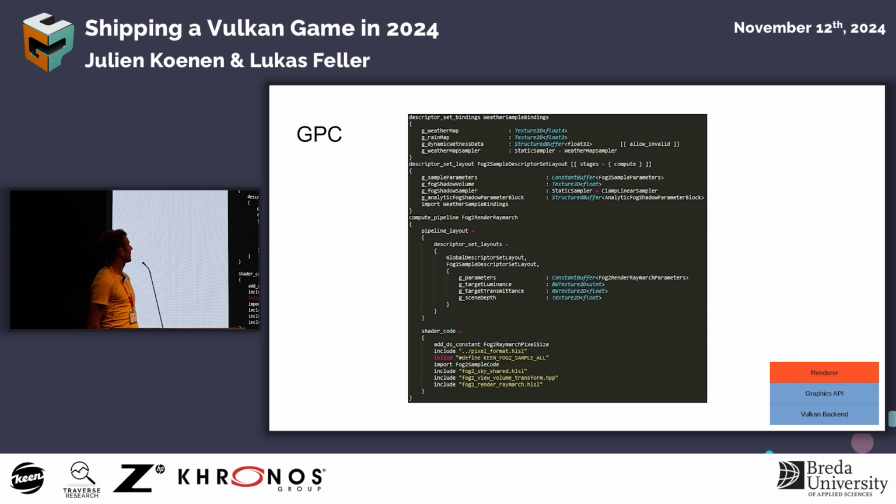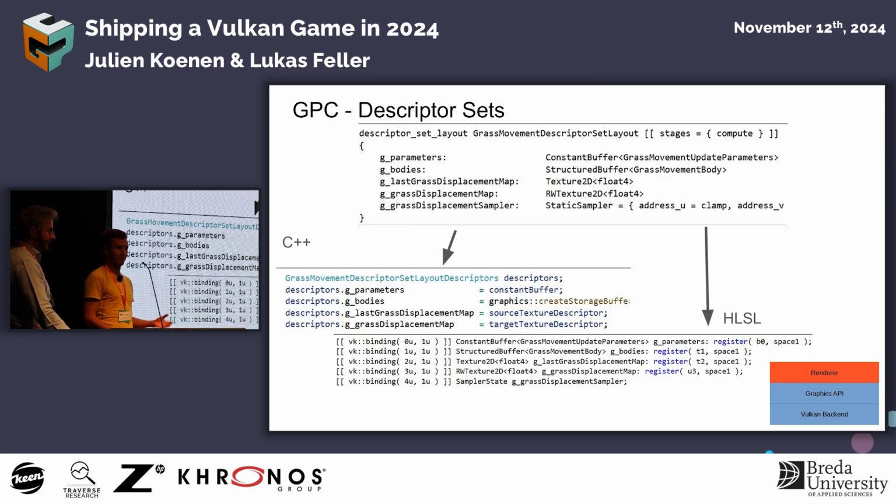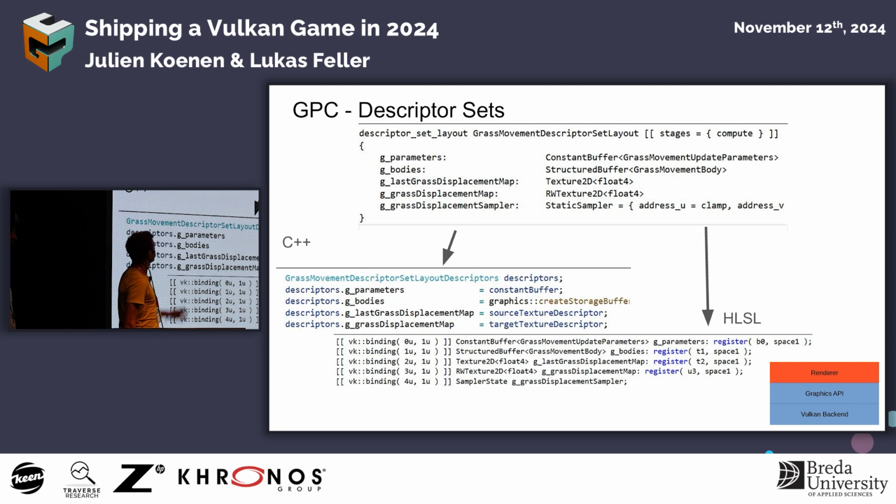So we now have a single location where we declare everything that goes into pipelines, all the states, all the bindings, all the shader code. And we generate everything that we need for the different pipelines solely from that data. And we also generate a lot of C++ code to make loading those pipelines and binding resources to those pipelines as simple as possible. As an example, you can declare a descriptor set layout with a couple of resources.